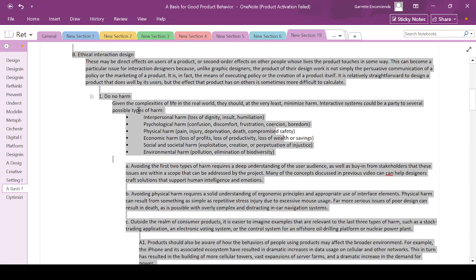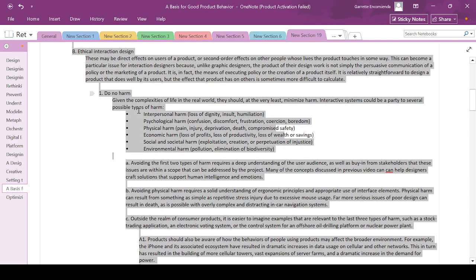Ethical interaction design may involve direct effects on the user of a product or second-order effects on other people whose lives the product touches in some way.